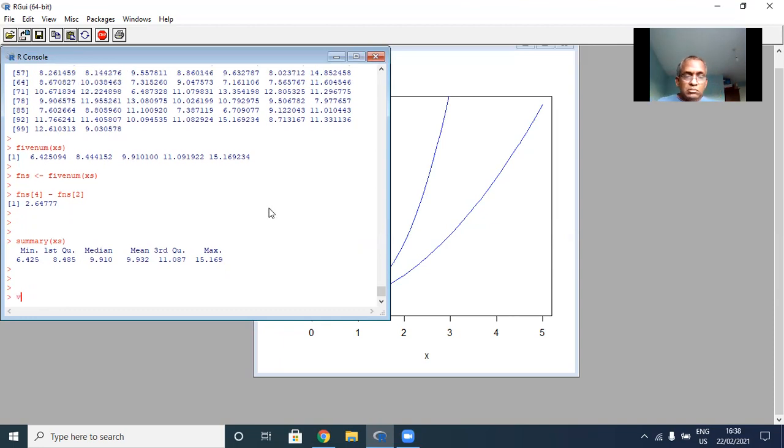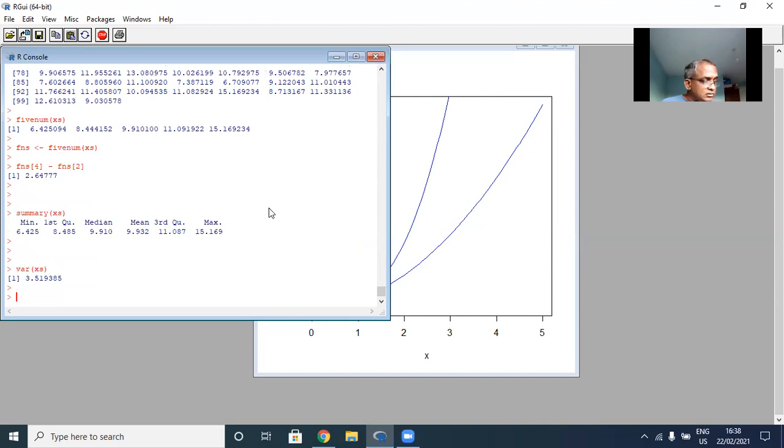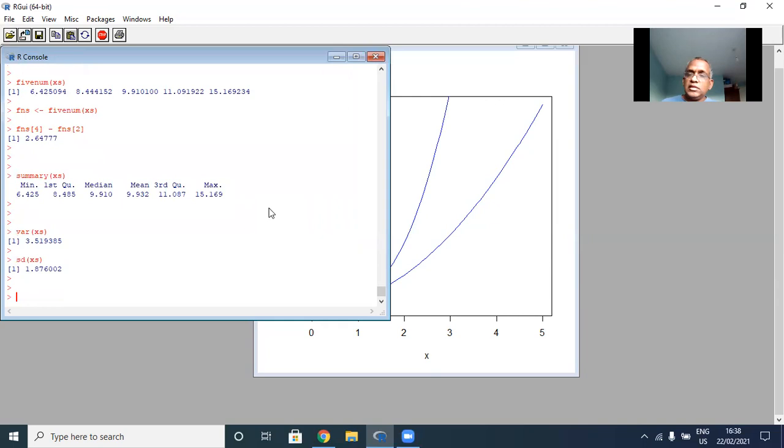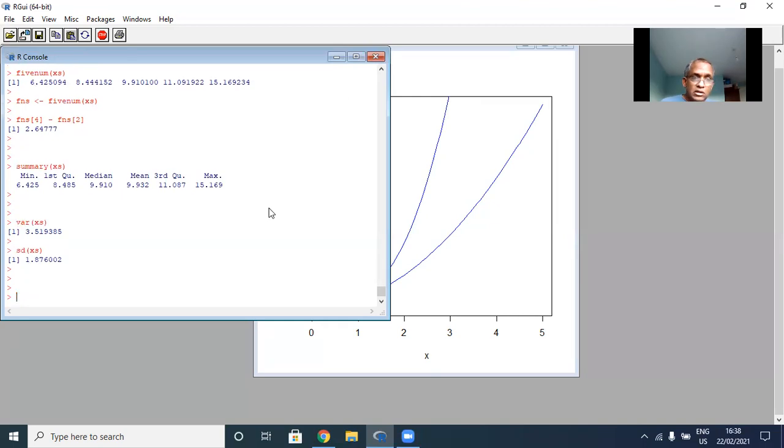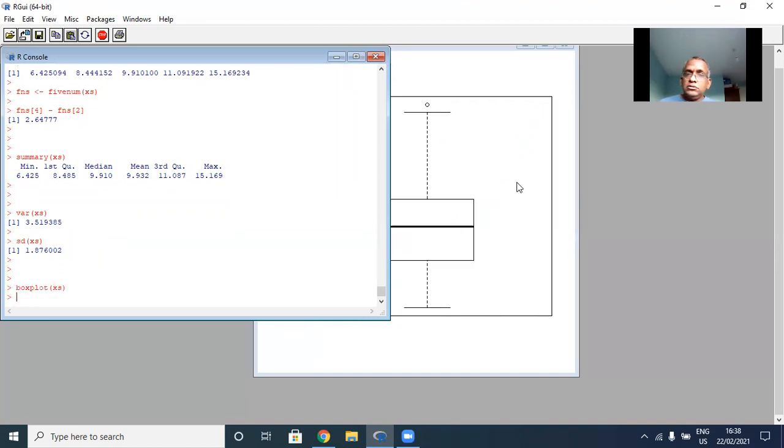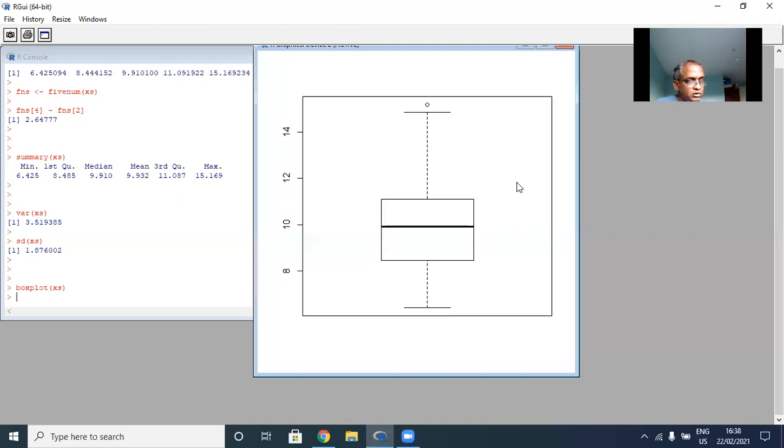And you can use the command var to compute the sample variance. And you can use the command sd to compute the sample standard deviation. And you can do a box plot using the boxplot command. So you see, this is the box plot of the data.